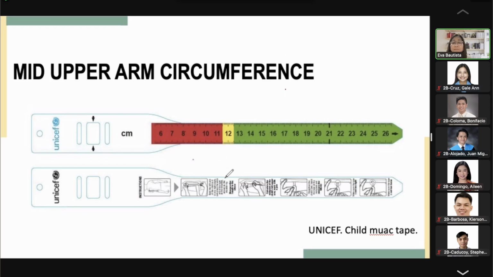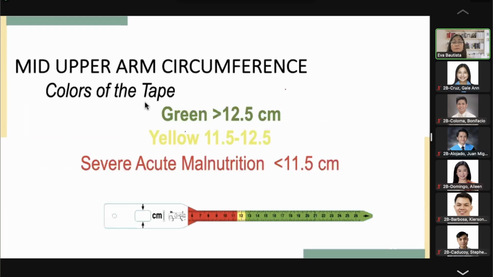The opposite side has the instructions on what to do and the steps in taking the measurements. If the measurement gives you a green color, that's more than 12.5, then that's interpreted as normal nutritional status. Yellow is moderate acute malnutrition, and severe acute malnutrition for the red one.